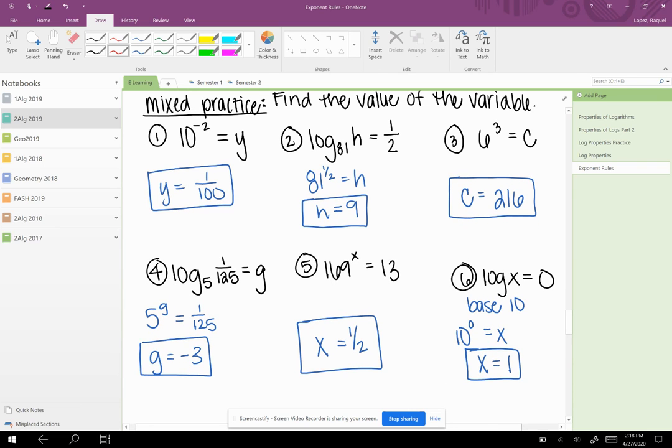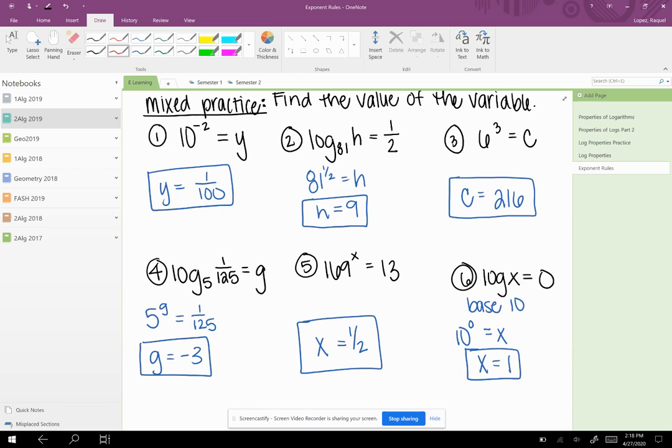So for number 1, 10 to the -2 is 1/100. For number 2, I found it easier for me just to convert that into an exponent. So 81 to the power of 1/2 is equal to h, which means that h would have to be 9. 6 cubed is 216.